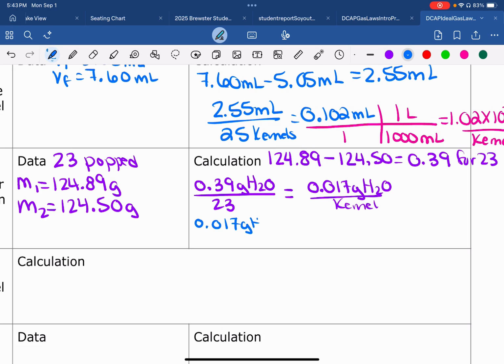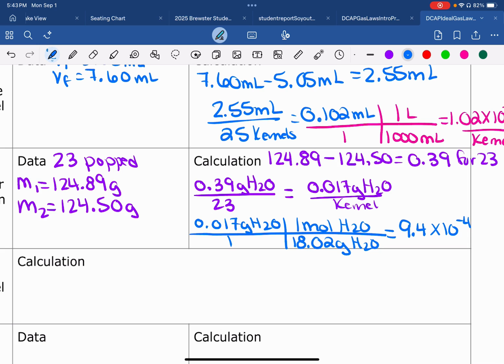Let's go ahead and get that converted over to moles. So it's 18.02 grams H2O to 1 mole of H2O. That equals 9.4 times 10 negative 4 mole per kernel.